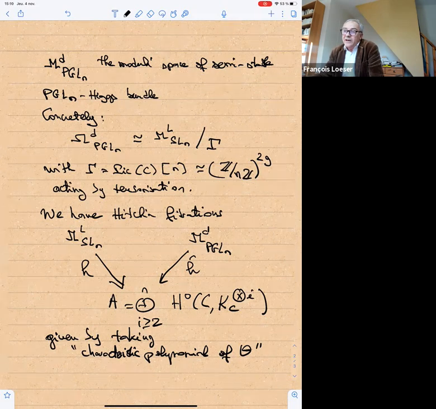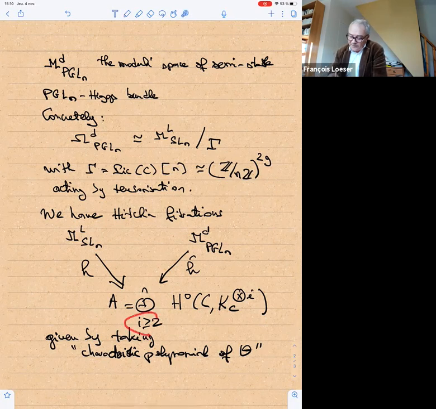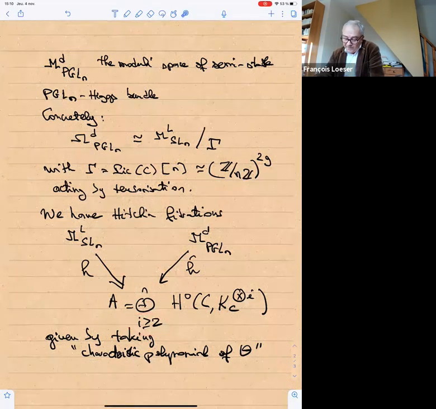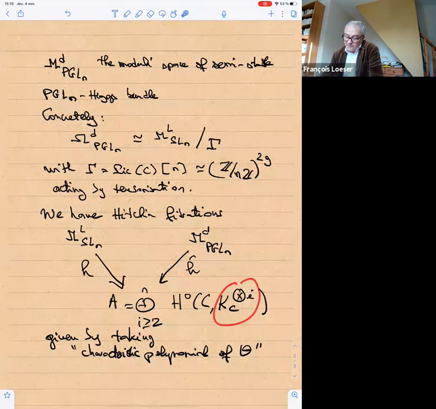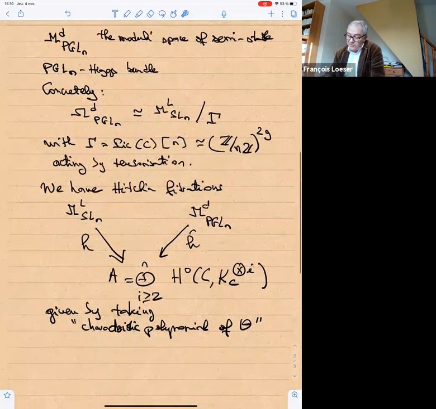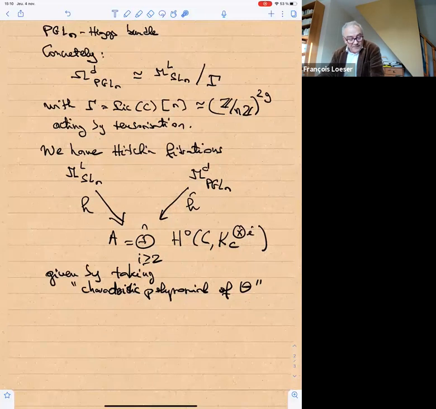If there were no K, it would be just an endomorphism. Its trace is 0, and so we consider all the coefficients of the characteristic polynomial. The fact that the trace is 0 is reflected by the fact that the index starts at 2. And since it's twisted by K, I have to consider this here. Okay, so A is just a nice linear space.